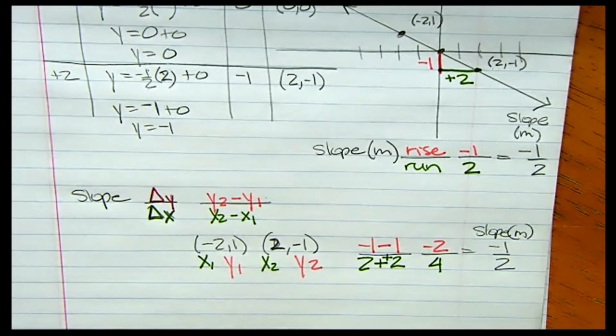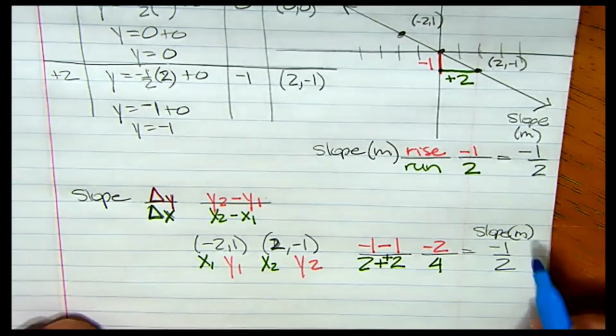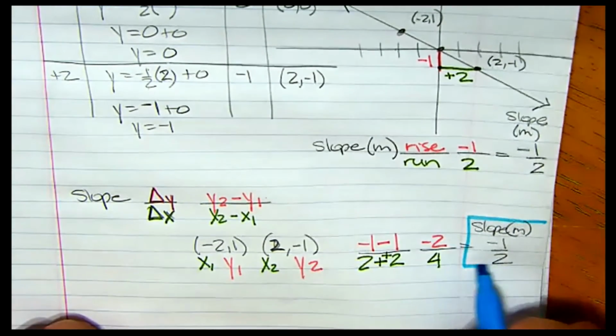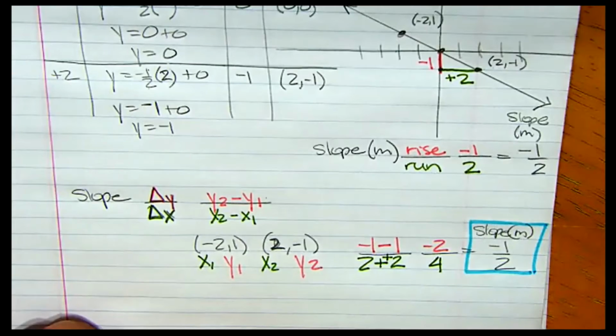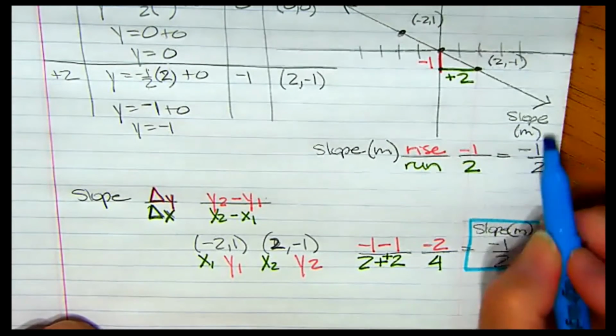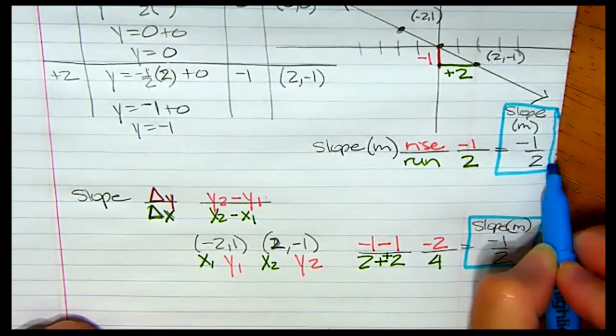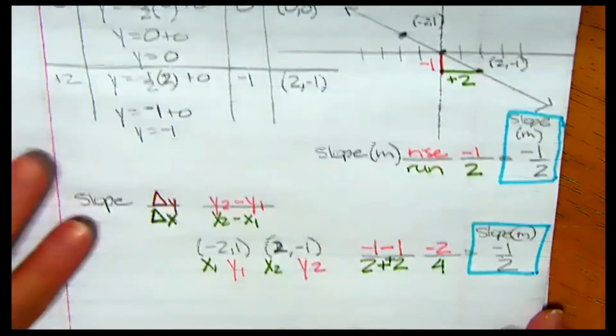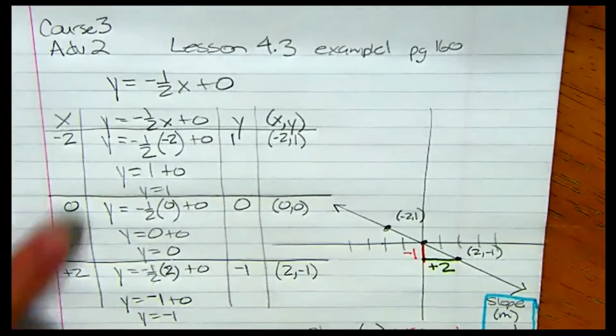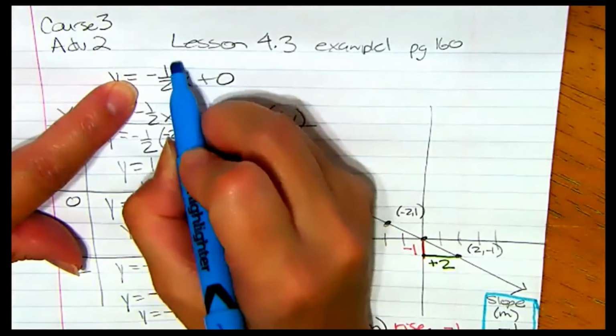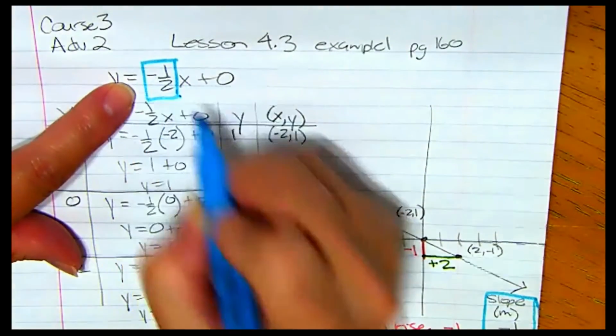Okay, are you guys ready to have your mind blown? The correct answer is yes. We showed that our slope is negative 1/2. Take a look at our equation. We have a negative 1/2.